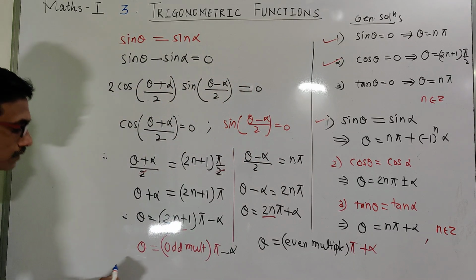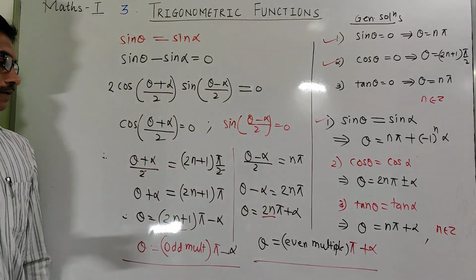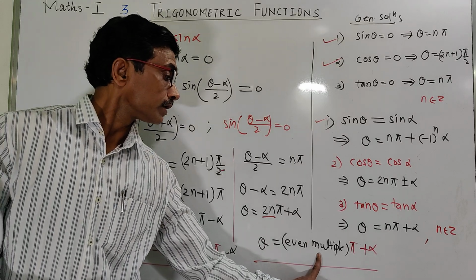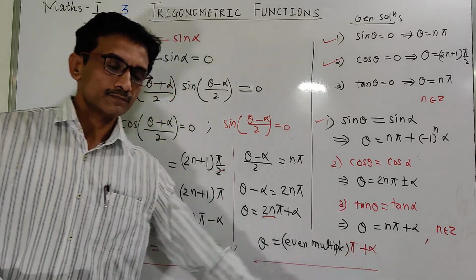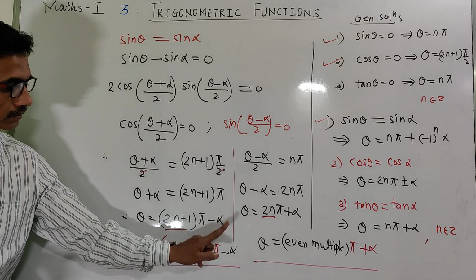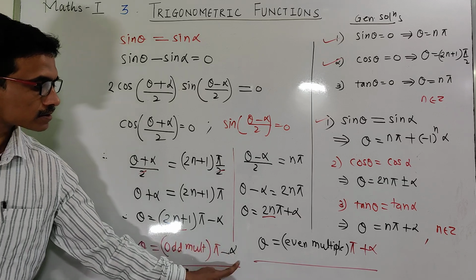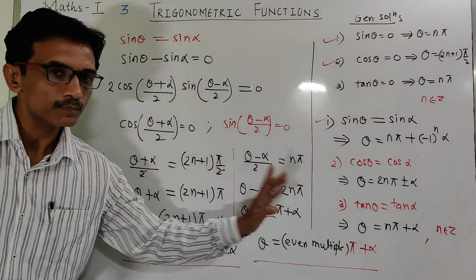So you observe that our solution becomes like this: when theta is an even multiple of pi, then plus alpha; when theta is an odd multiple of pi, then minus alpha.